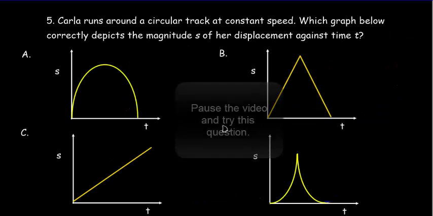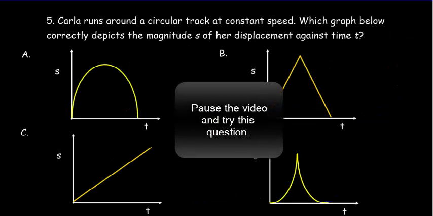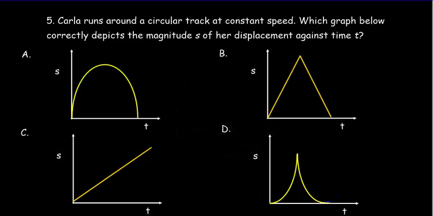Question 5. Pause the video, read this question particularly carefully, try the question, come back for the answer. So let's imagine, here's our circular track, and the person's running around the track. The displacement vectors would look something like that.